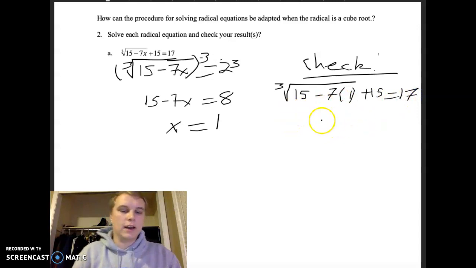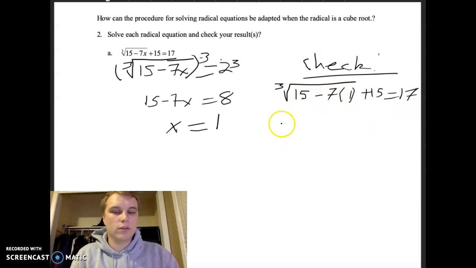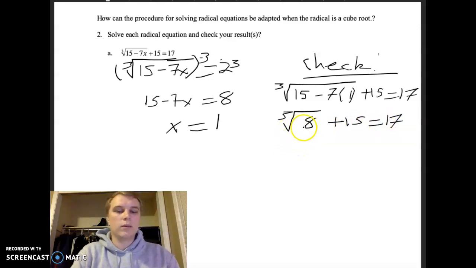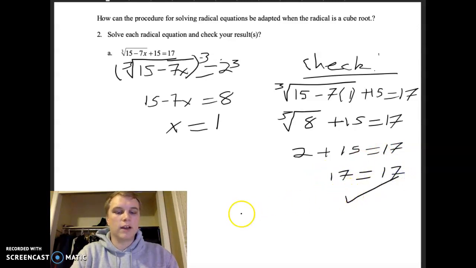So when we do this, we're left with the cube root of 8 plus 15, and that'll equal 17. So then we have the cube root of 8, which is just 2, and the rest of it. So it comes out that it is a solution because we get 17 on both sides.